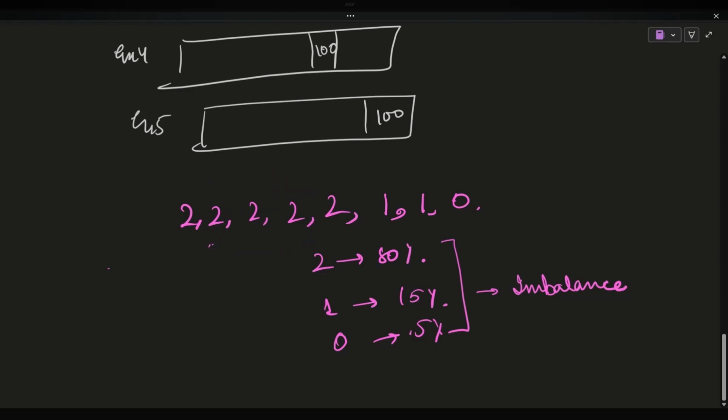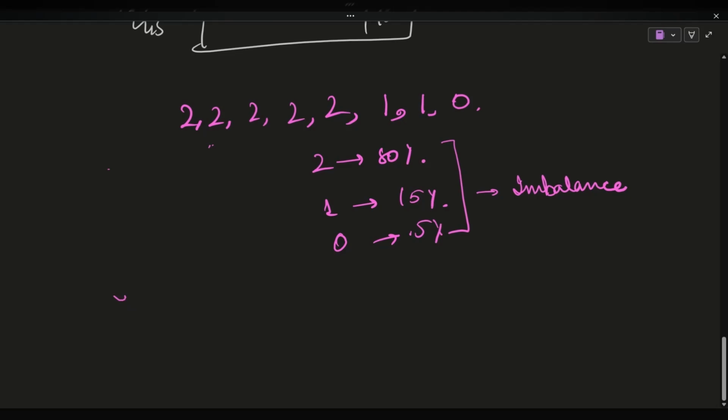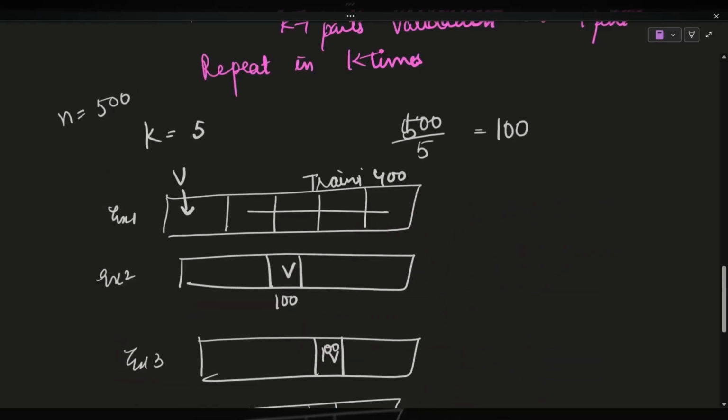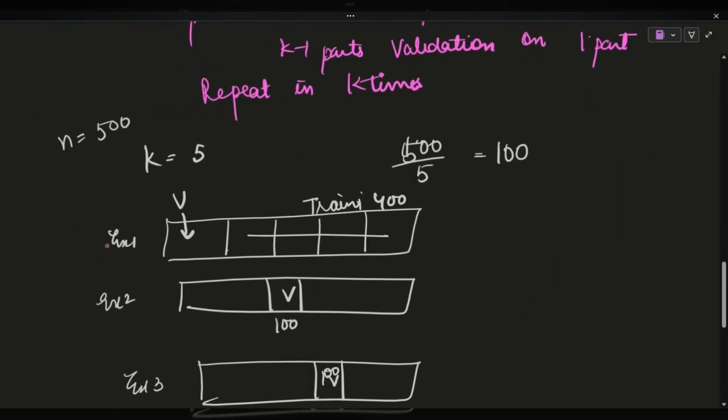So in an imbalanced data set, it may happen that validation data is having only one class. Are you understanding the problem? In an imbalanced data set, it may happen that in some folds, this is k-fold, that means I should have written here fold 1, this is fold 2.